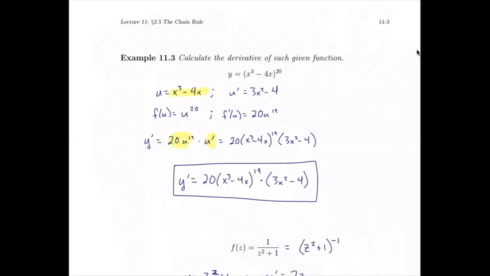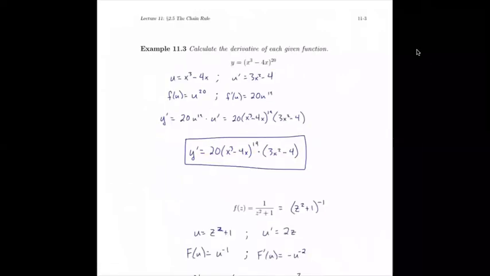U is x cubed minus 4x. So here's that replacement. And then u prime is 3x squared minus 4, and there's that replacement. And again, f prime of u is 20 times the argument to the power of 19. So here's our complete derivative here.